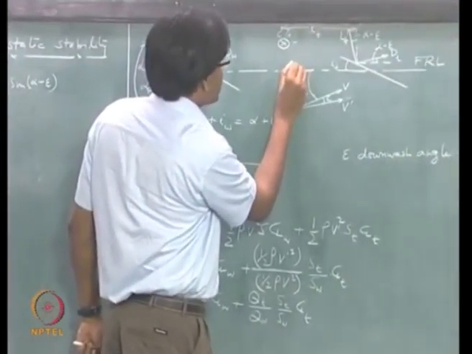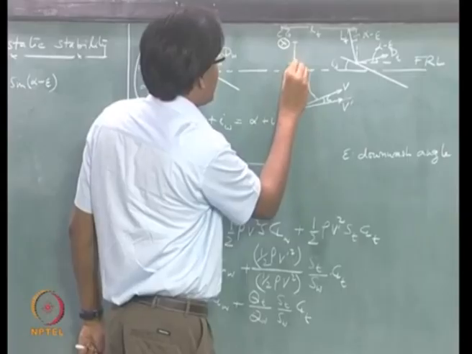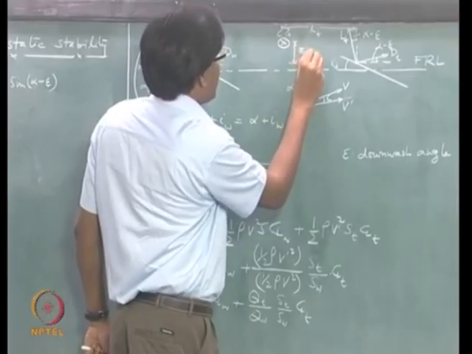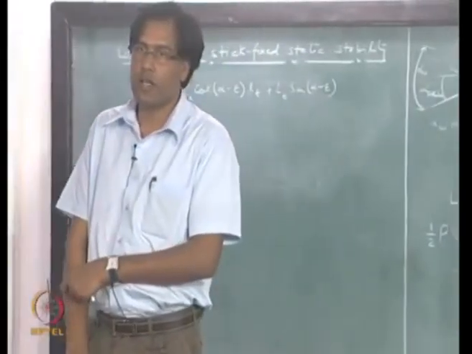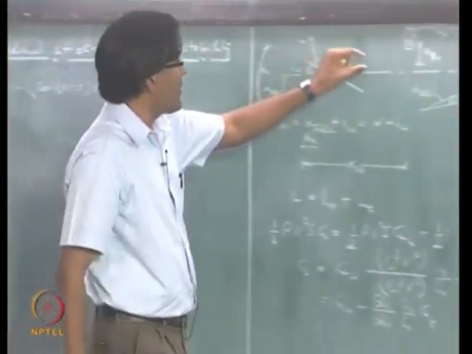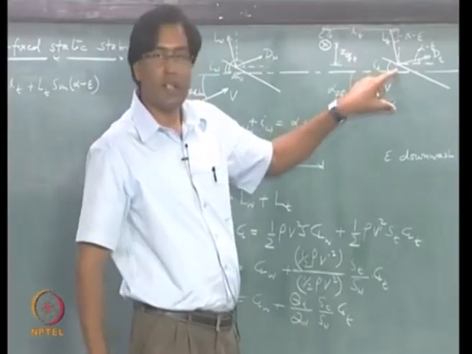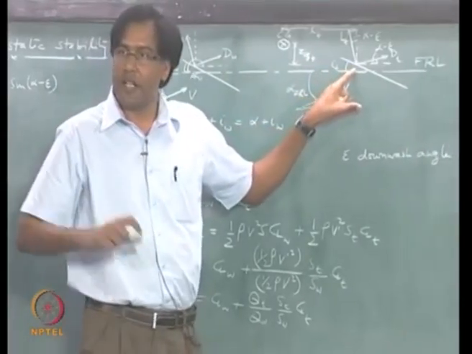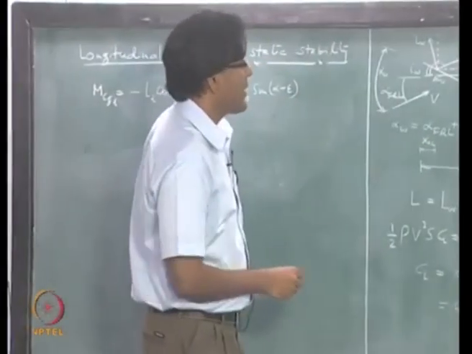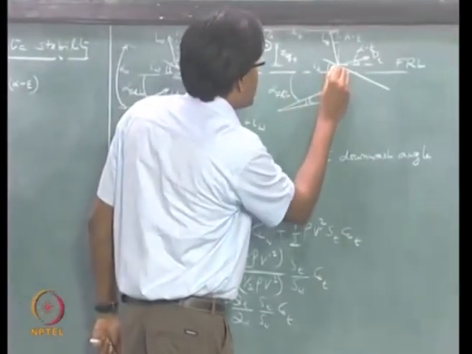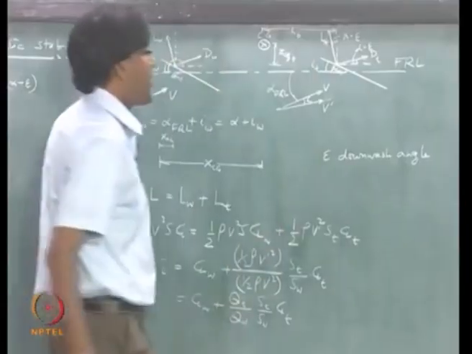Let us say the height of CG above the aerodynamic center of the tail is ZCG. So this is AC tail.